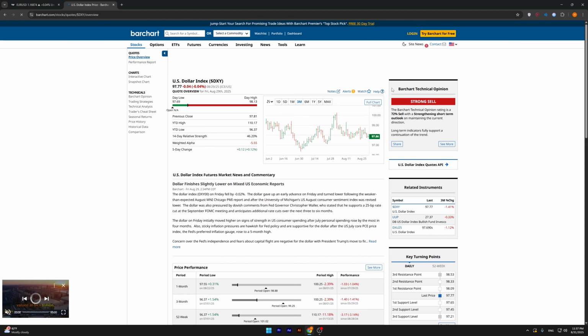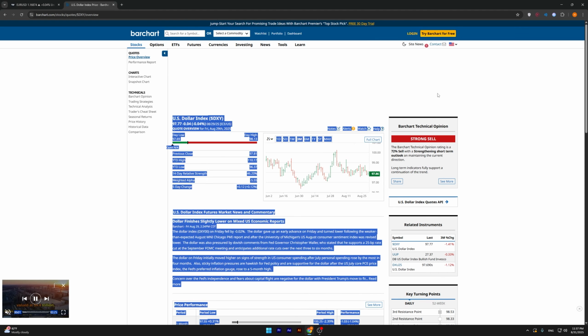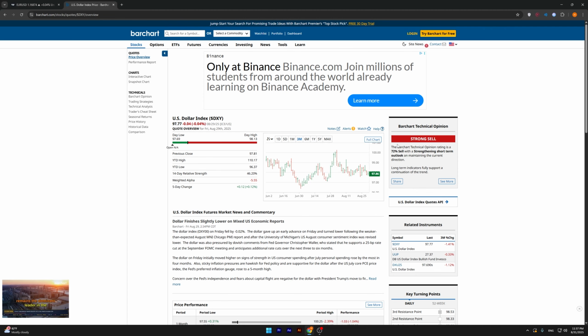As you can see, the barchart opinion in this section is suggesting a strong sell, 72% sell chances. So this can help you to clear your bias. I first look at my chart, because chart is important, and this is just a confirmation. You can confirm your trend or your bias with this one.